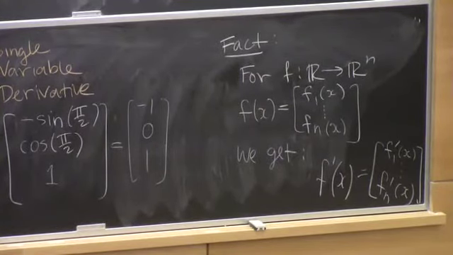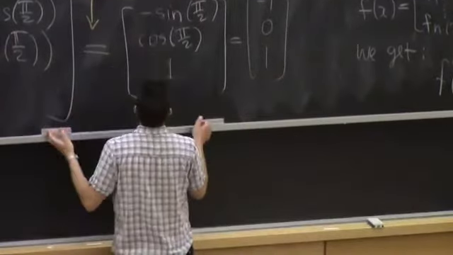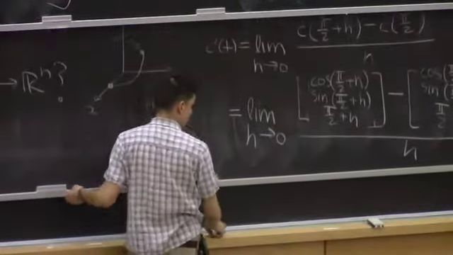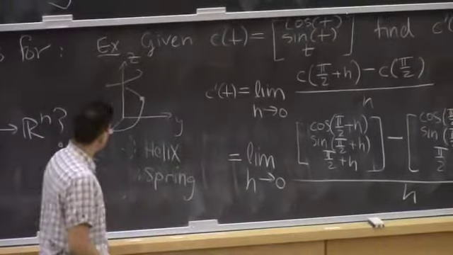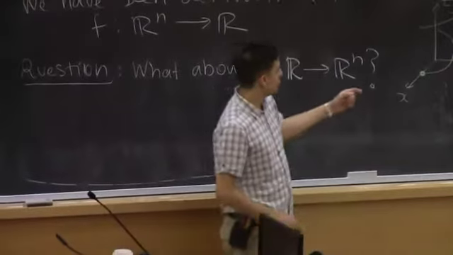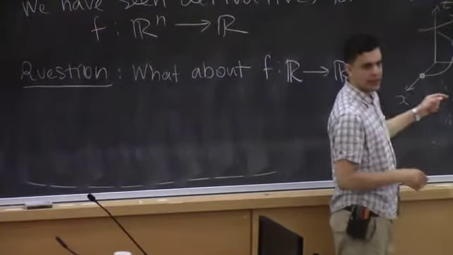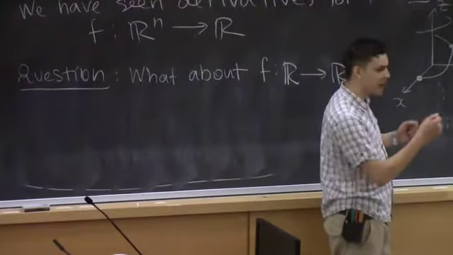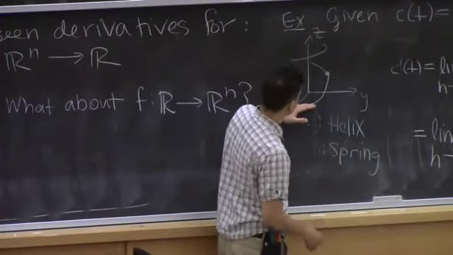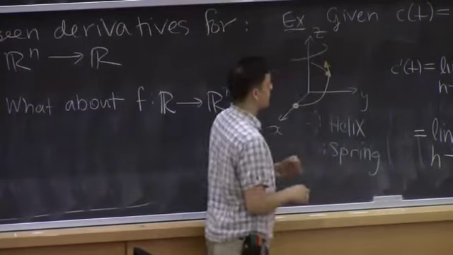I just want to say a little bit about what this thing is measuring physically. If we're following along our curve, like we imagine that we're walking or riding a bike along this curve, the derivative represents the vector that we are headed in.